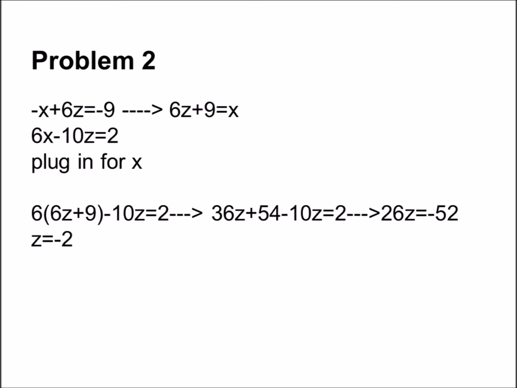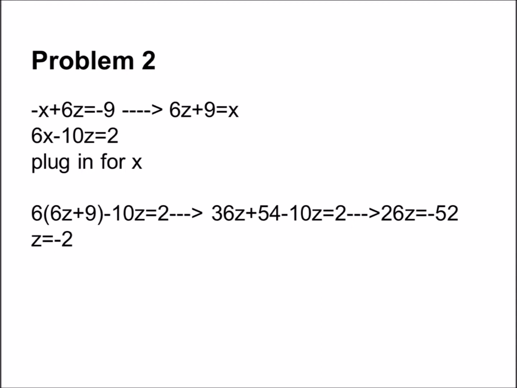And so you want to get one of them to equal a variable, and so we're going to do the first equation and make it equal x. And so when you flip 6z over and multiply it by a negative 1 to get rid of the negative, you get 6z plus 9 equals x. Then you're going to plug that equation in for x in the other one.